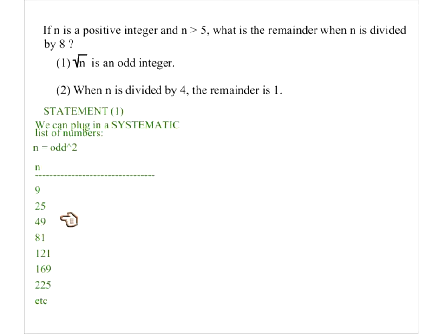Okay, this is a systematic list of numbers that satisfy this statement. So what we're doing then is we're just going to do the division. We're not going to get all smart with algebra and stuff. We just find the remainder when n is divided by 8. So the remainder when n is divided by 8 is, in each of these cases, 1, 1, 1, 1, 1, 1.